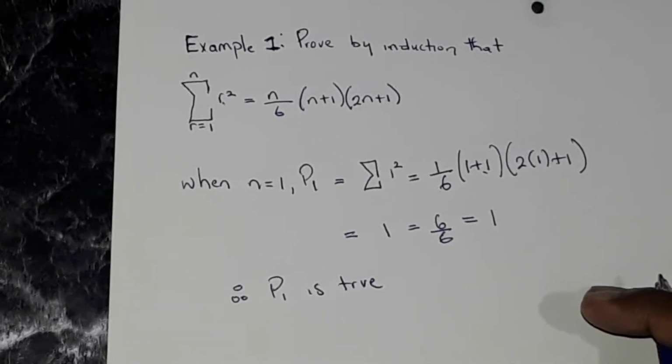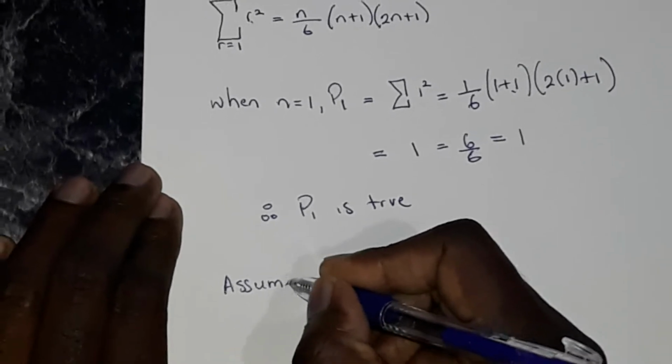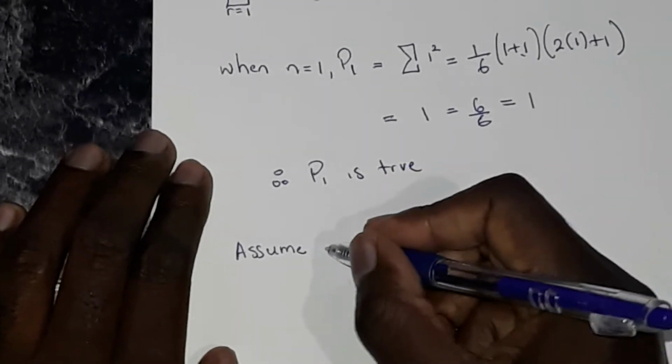Our next step is to assume true for n equal k.